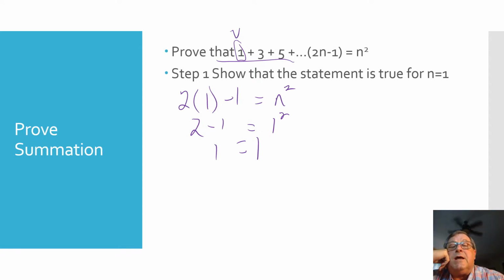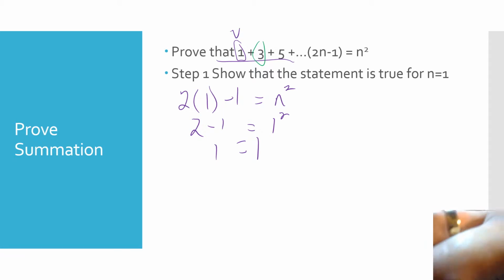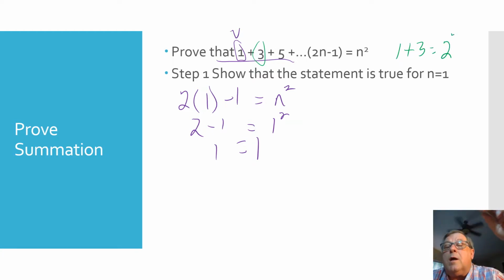I'm going to go one step further here, and I think this is the part that gets me confused. When I put in the second number of the sequence, which is 3, it's actually going to equal 1 plus 3. Does that equal 2 squared?